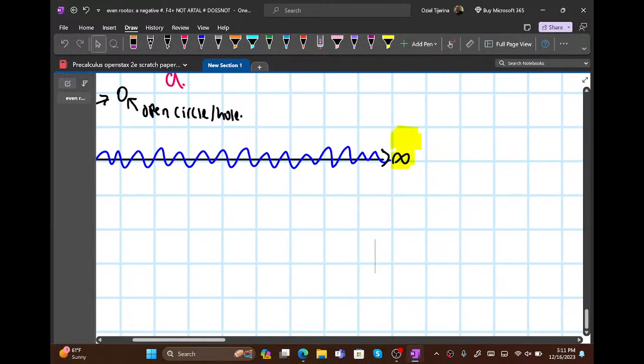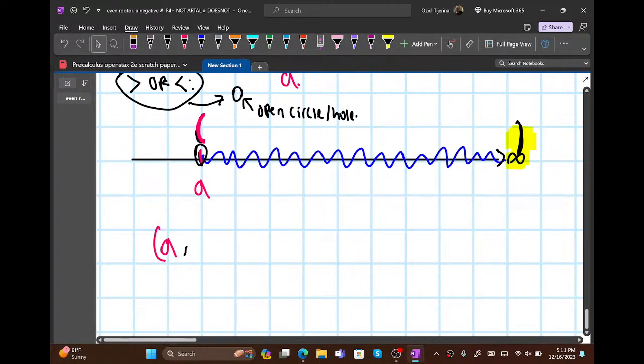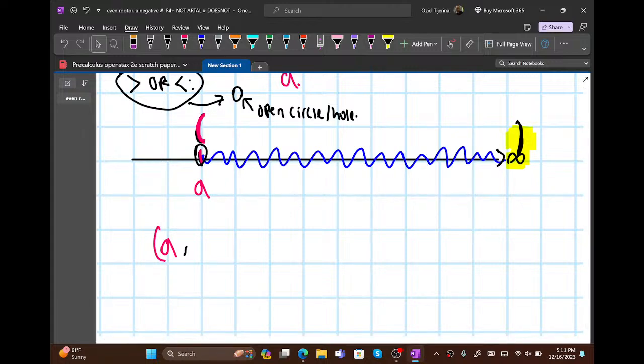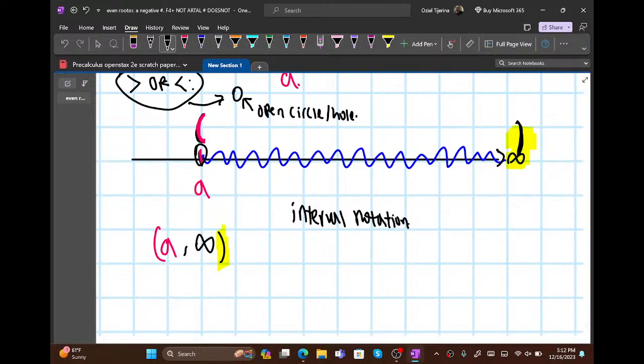Remember that infinity always has parentheses regardless, because we're going in order with numbers. If you remember, we call this interval notation. So in interval notation, this is a, comma, infinity.